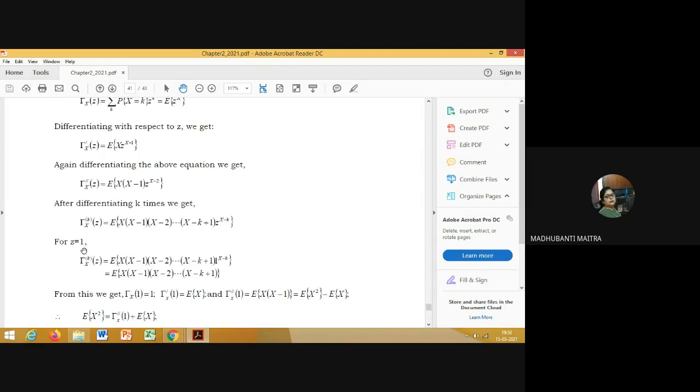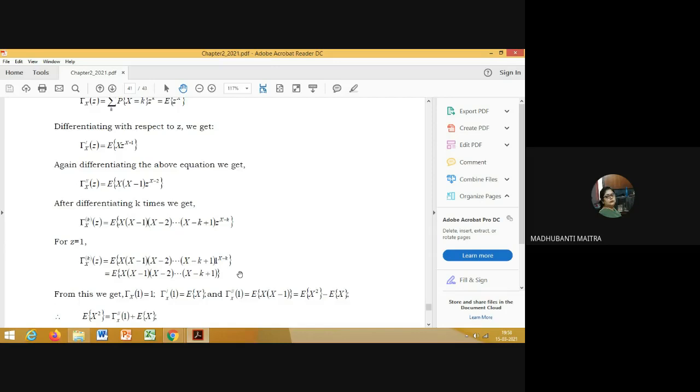So if z is equal to 1, then the right hand side will be nothing but the expectation of x into x minus 1, x minus 2, x minus k plus 1 into 1. Since z is equal to 1, this part will become 1.